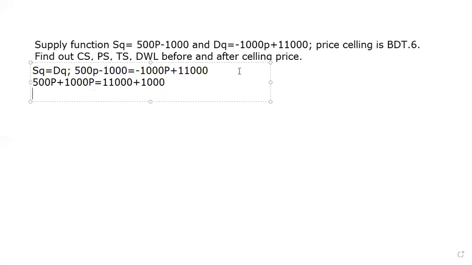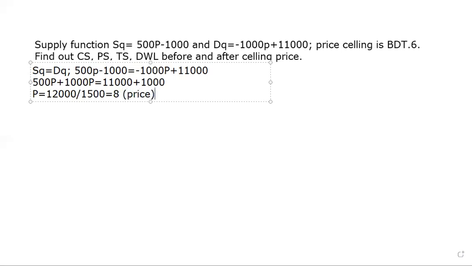So we have P equal to 12,000 divided by 1,500. 500 plus 1,000 is 1,500. That goes to 12,000 divided by 1,500, which is equal to 8. So our price is 8. This is the equilibrium price.